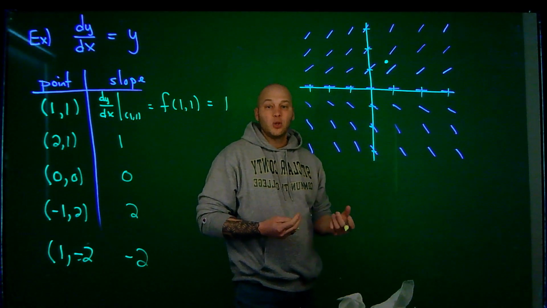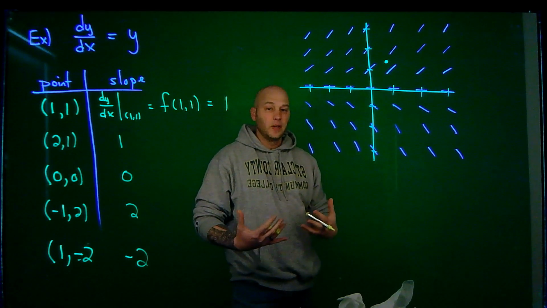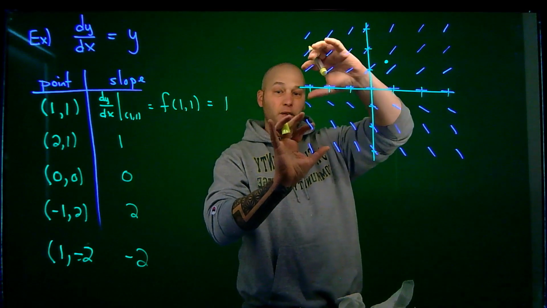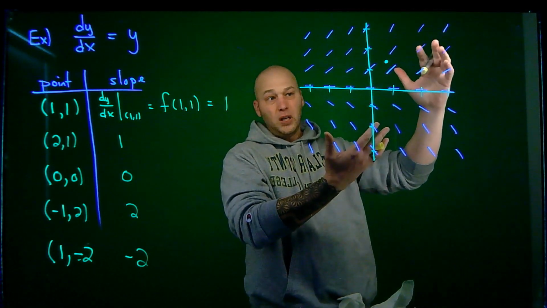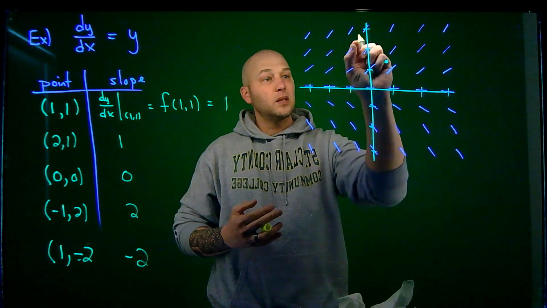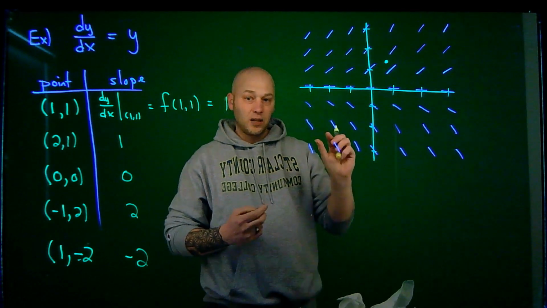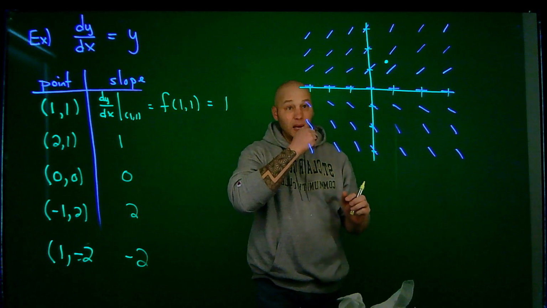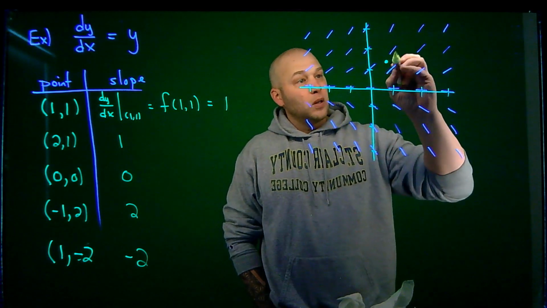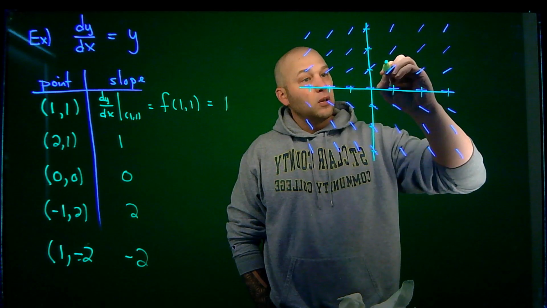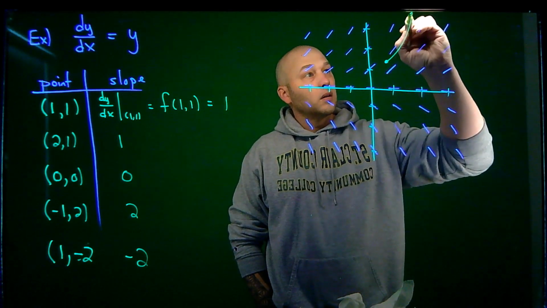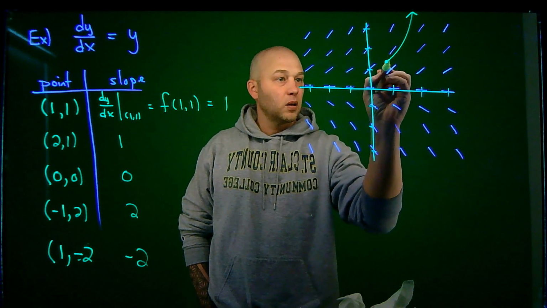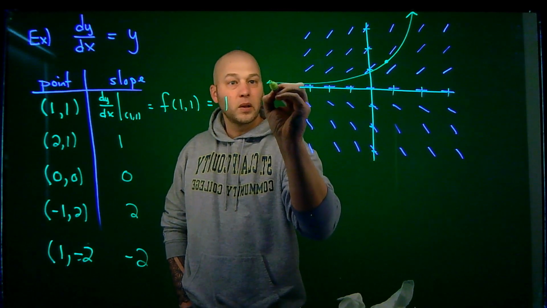A lot of times we add a real-world interpretation to this direction field and think of it like fluid flow, like a stream, where each of these tangent line segments gives an indication of where the fluid is going. It looks like it's going to do something like that, and then taper off and do something like this.